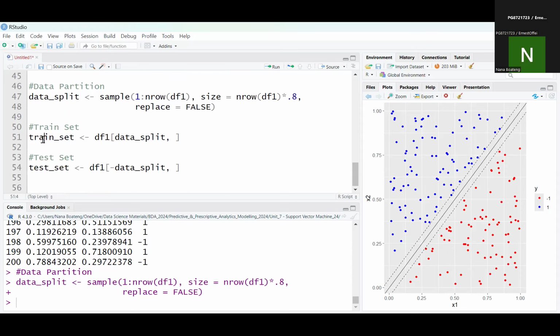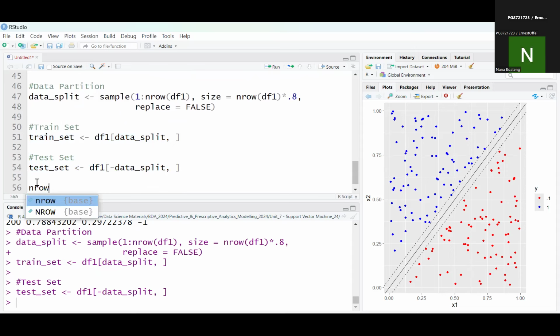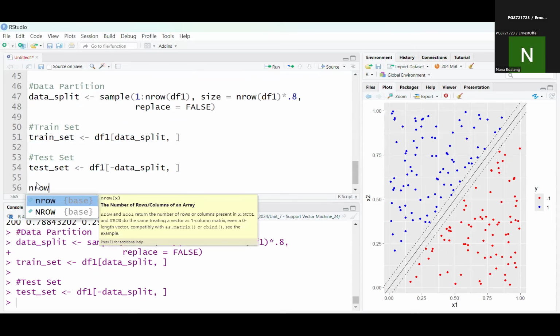So let's run this. So we have our train set and then our test set. We can just check the number of rows for train sets and then the test sets.